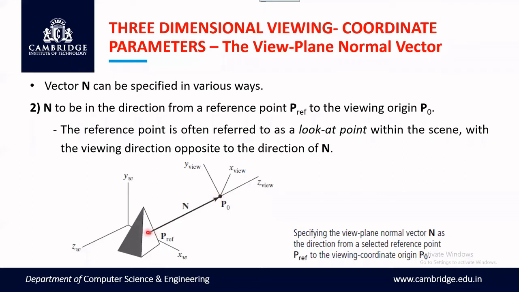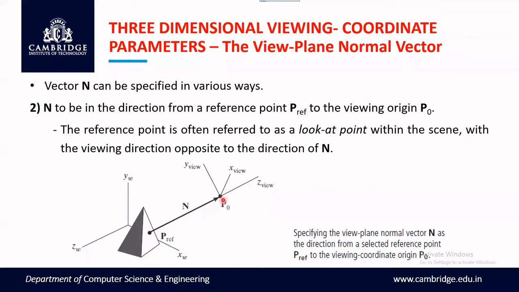Say we are taking this as the reference point P ref. Then your viewing direction is from P naught to P ref, and the normal vector is along the same direction but opposite. So the normal direction is from P ref to P naught.